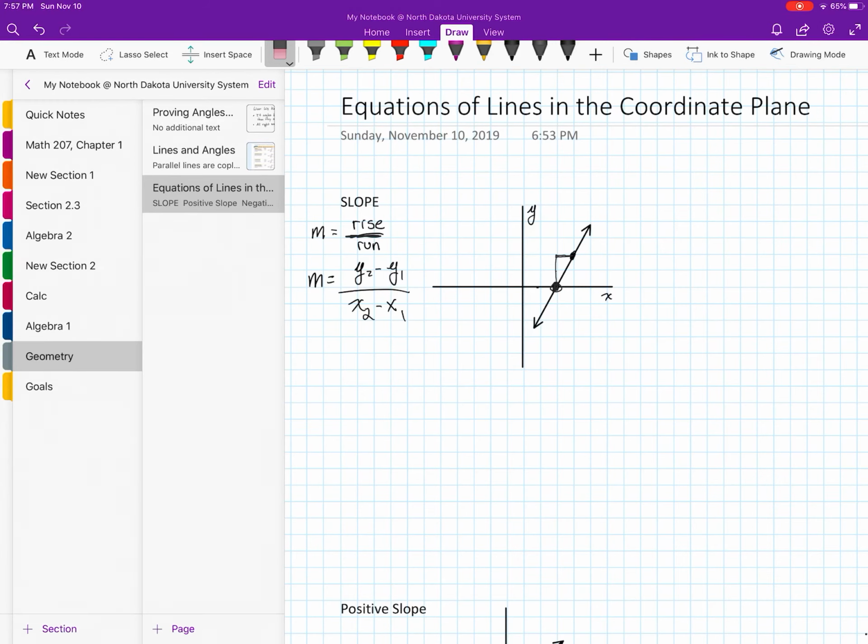So rise over run. Another way to say that, or the slope formula, is, very strictly speaking, y2 minus y1 over x2 minus x1. So you're going to take the y coordinate from, let's call this point 2, and subtract the y coordinate from, let's call this point 1.